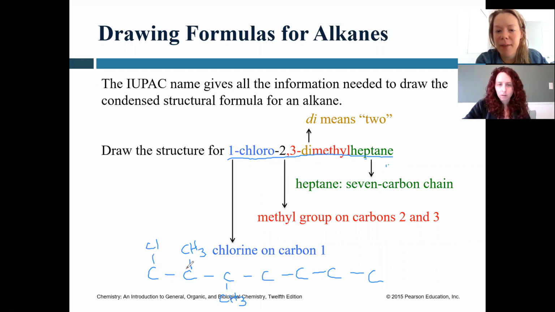The last thing to do is add the hydrogens. So this carbon here has 2 bonds already, so it can only have 2 hydrogens. This carbon here has 3 bonds, so it can only have 1 hydrogen. This also only has 3 bonds, so it can only have 1 hydrogen. This is bonded to 2 other things, so 2 hydrogens. And then the rest don't have any accessories, so they go with what we're used to, 2s and then 3 at the end.